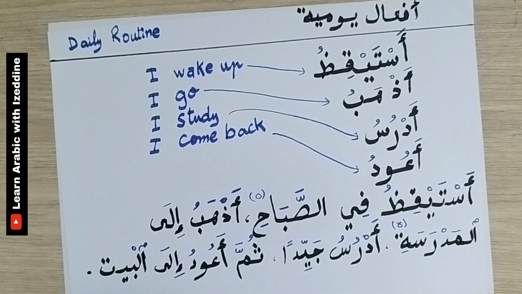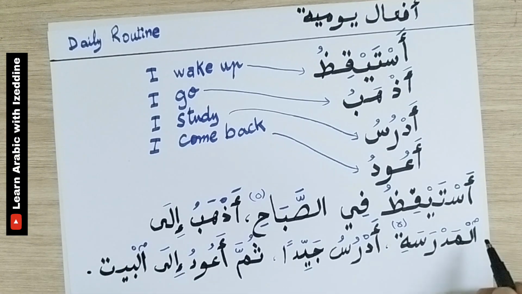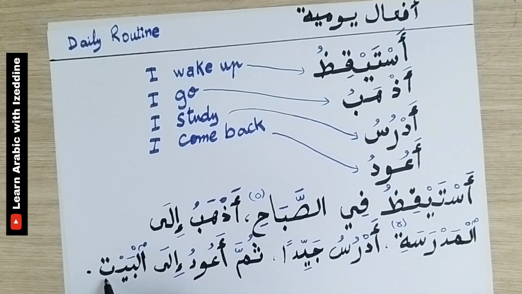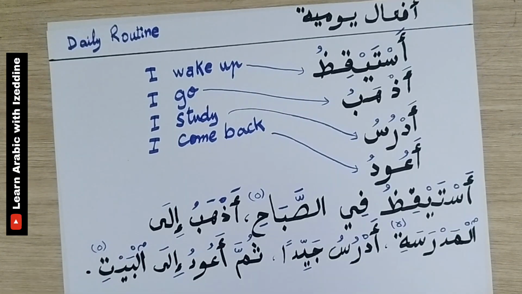It's like this. We write this, but we pronounce it with sukun. إلى البيت. Great.